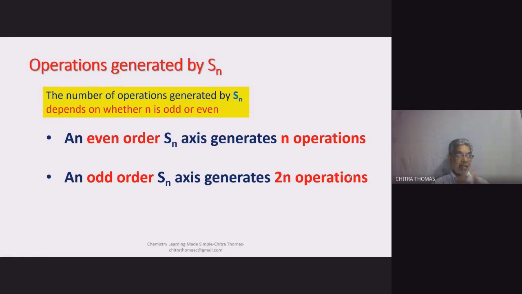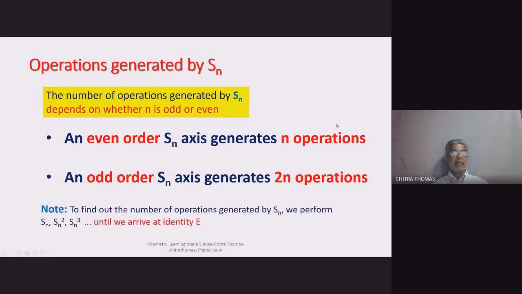Remember this. To find out the number of operations generated by Sn, we perform the operations Sn, Sn^2, Sn^3, etc. until we arrive at the identity operation.